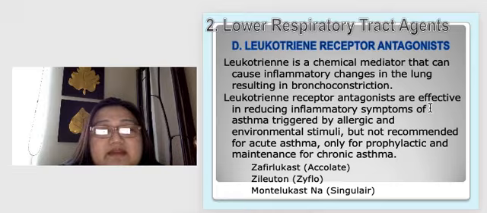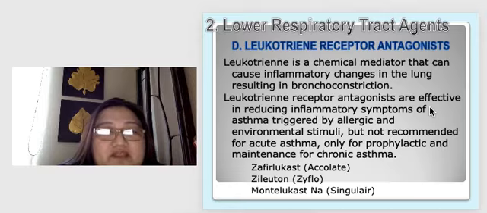Again, na maaaring na-trigger ng allergens or environmental stimuli or yung mga changes in the seasons. Now, these are not recommended for acute asthma, but they can be given for prophylaxis or maintenance of chronic asthma. So, maaari itong maging mga maintenance drugs.